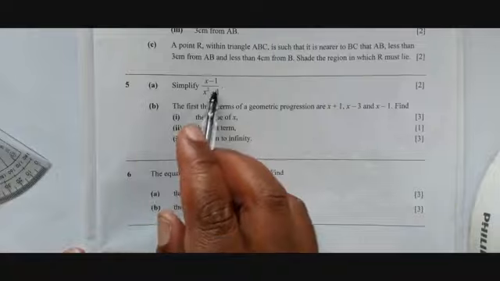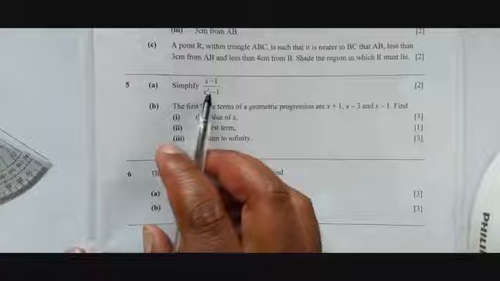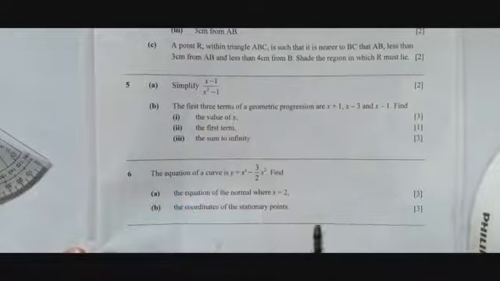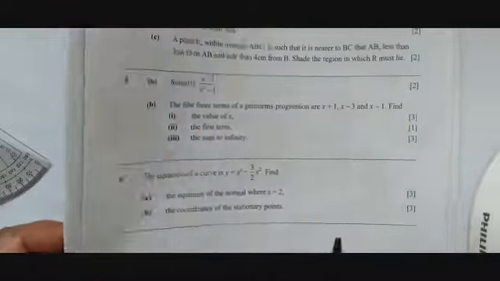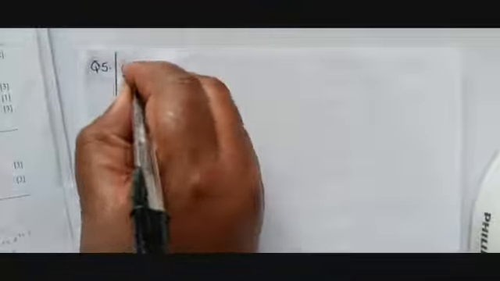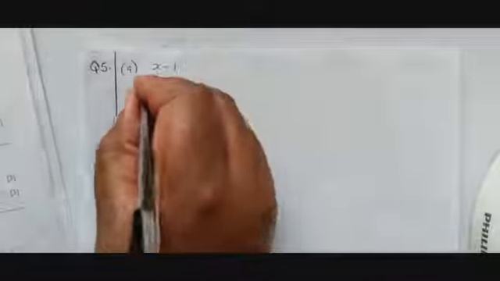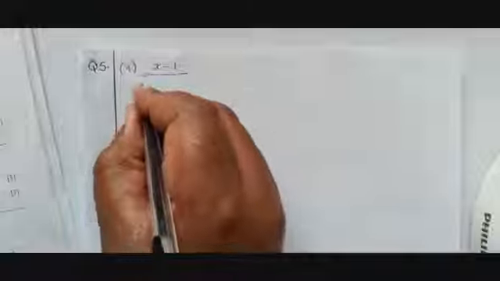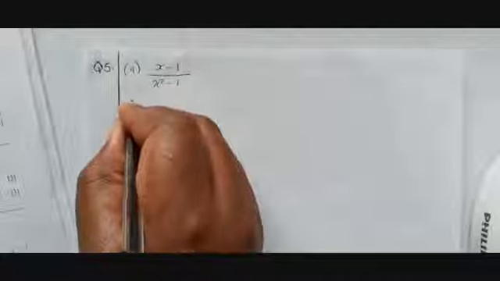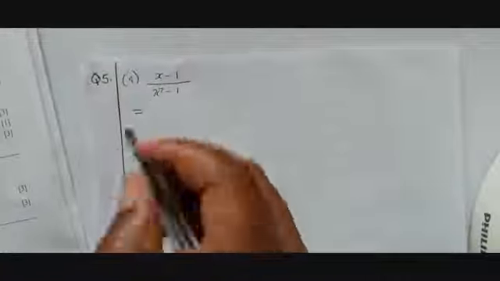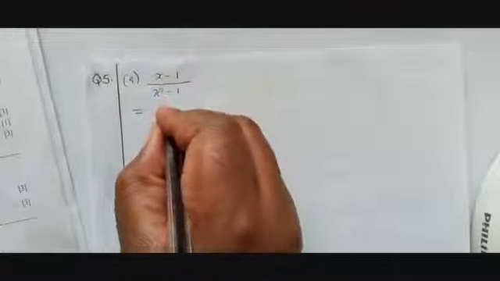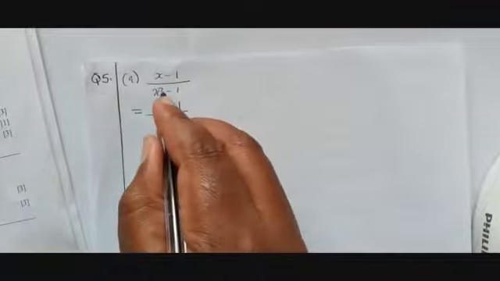We are saying simplify this. In most cases with such questions, you're supposed to factorize first, then simplify. Okay? Alright, so A, we are saying x minus 1 divided by x squared minus 1. How do we simplify it? You realize that the numerator will be maintained, but this one is a difference of 2 squares.